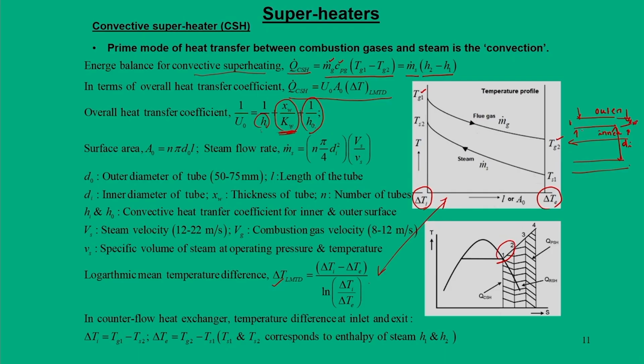So, for this expression you find Hi, which is the convective heat transfer coefficient at the inner wall, Ho is the convective heat transfer coefficient at the outer wall, and within this thickness the conduction takes place. Here we have flue gases, and here we have steam. So, heat transfer takes place from flue gases to steam.